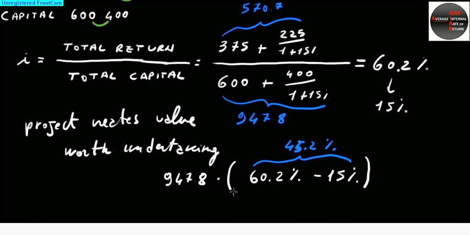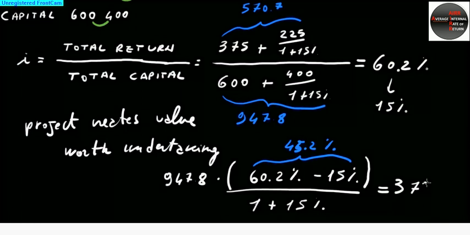We want to refer it to time zero, so we have to discount it back by one period. We discount it by 15%, the cost of capital, and we get the net gain referred to time zero, which is the net present value, 372.6. This is the net present value, NPV.